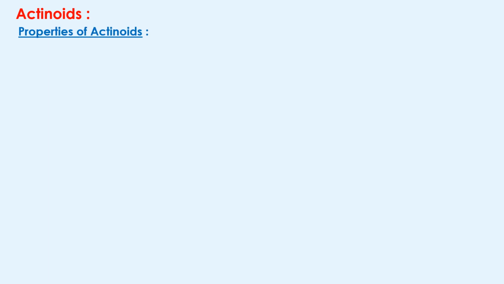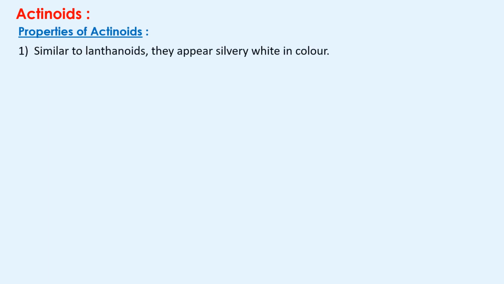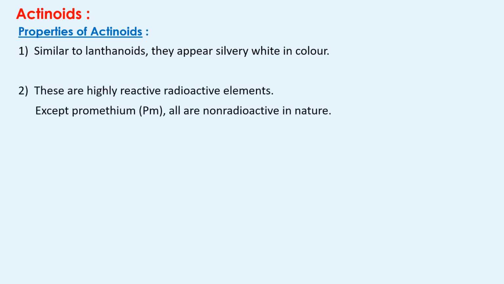Now next is properties of actinoids. Similar to lanthanides, they are silvery white in appearance. These are highly reactive, radioactive elements. They are highly radioactive in nature, whereas for lanthanides, except promethium, all are non-radioactive.